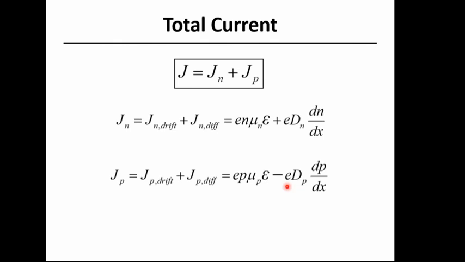Okay, before we go on to another slide, in here we have the total current due to electrons and the total current due to holes, without including the recombination-generation current.